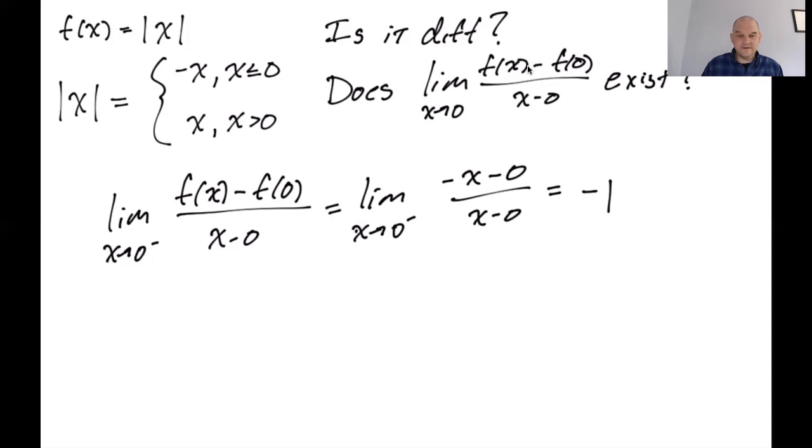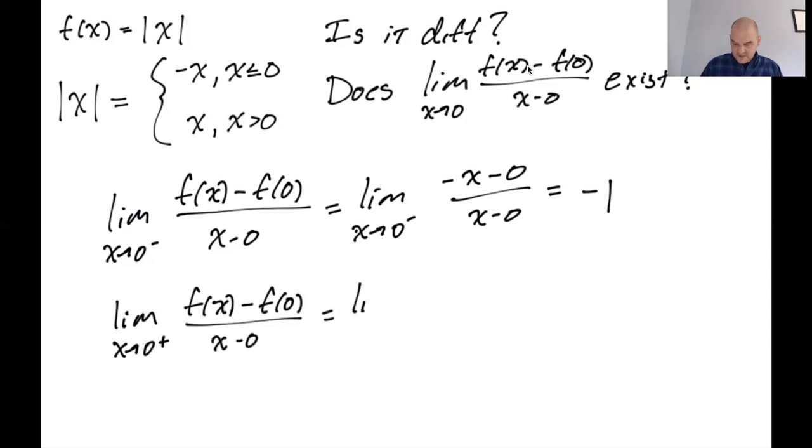So far, okay. The limit as x approaches 0 from the right of f of x minus f of 0 over x minus 0 is going to be the same as the limit as x approaches 0 from the right of what's to the right of 0, 1, 0.1, positive values.